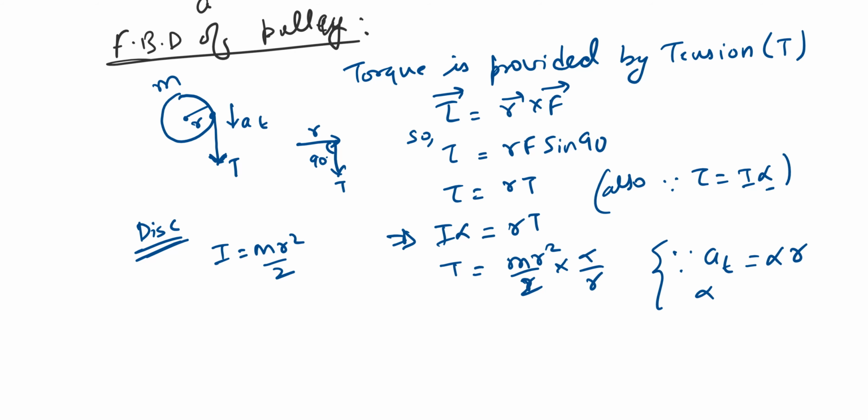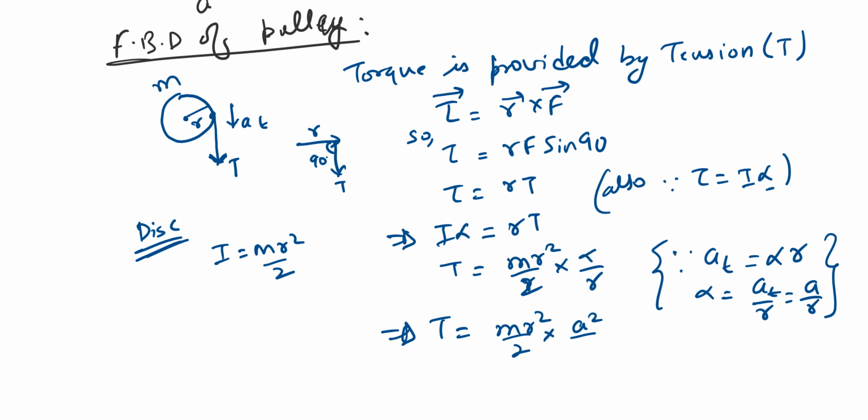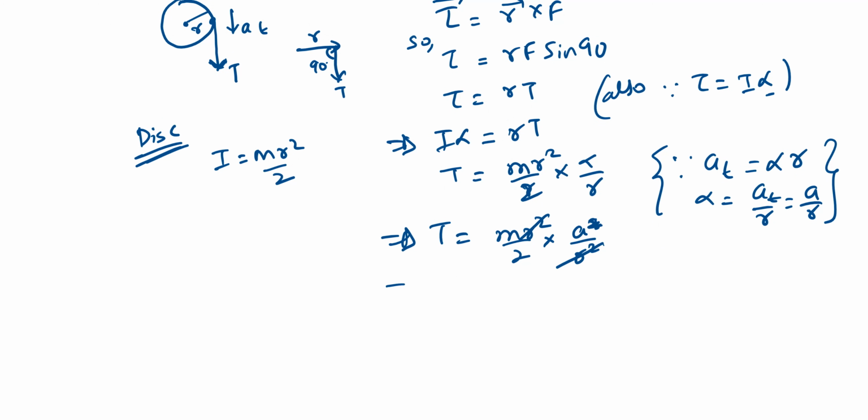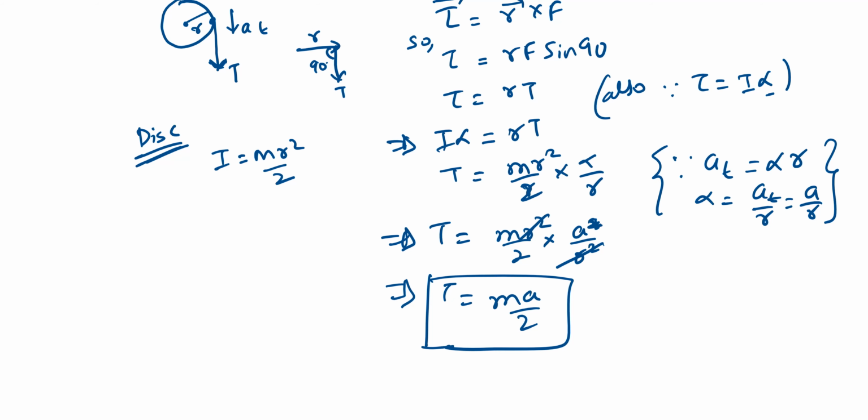So alpha can be written as a by r. So we have tension in the string equal to mr square by 2 into a by r square. So r square will get cancelled. From here we get tension in the string as ma by 2. This is an important result. We'll use it later.